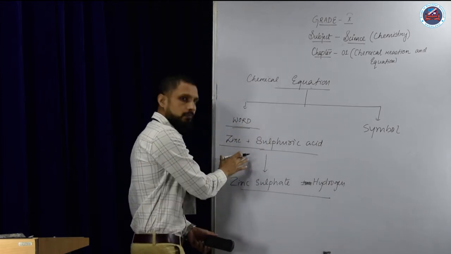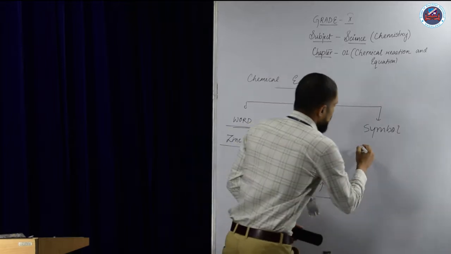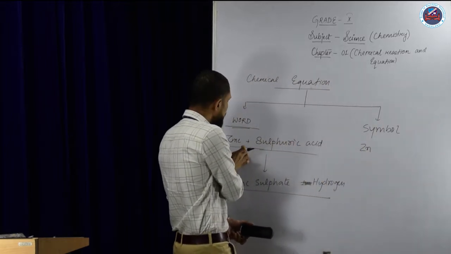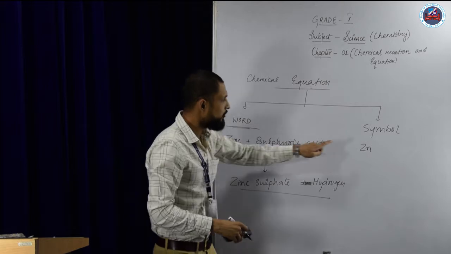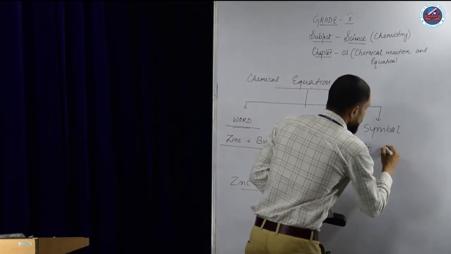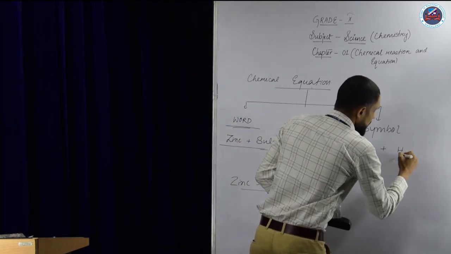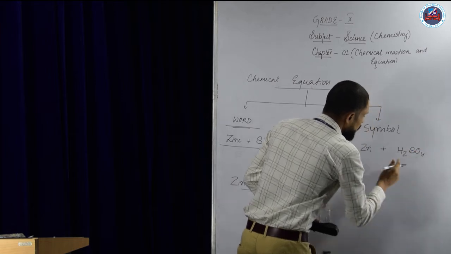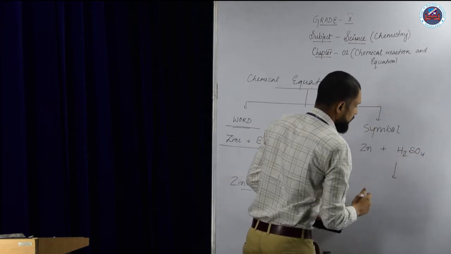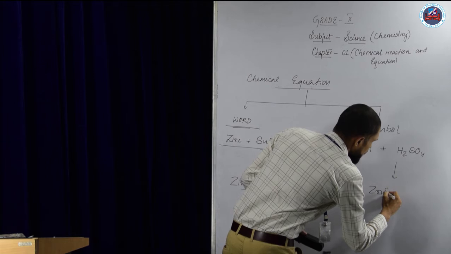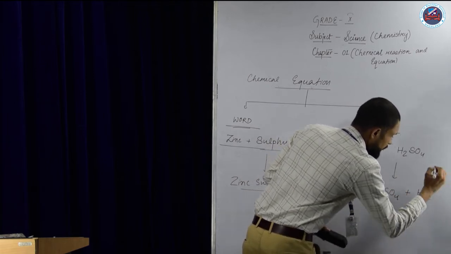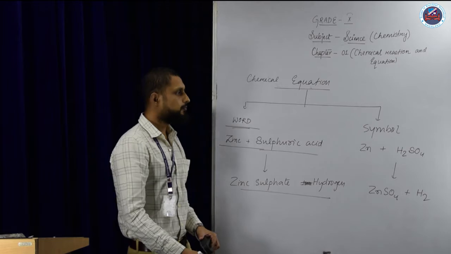Whereas the same reaction, if you write in symbol form, for zinc we'll use the chemical symbol of zinc, that is Zn, plus the chemical formula of sulfuric acid, H2SO4. So when zinc reacts with sulfuric acid, it will form zinc sulfate and hydrogen gas, that is H2.